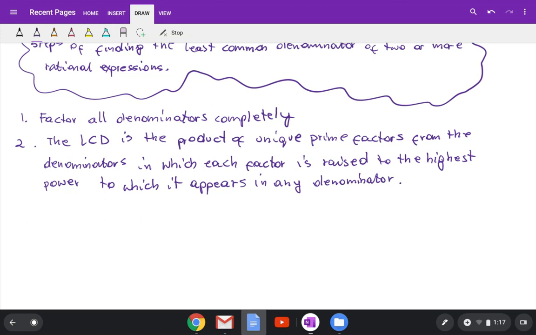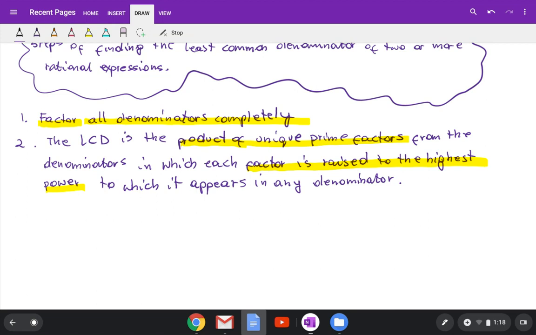Okay, a couple of things. Factor all denominators completely. Super important. That's the first one. The least common denominator is the product of unique prime factors. If the factors are repeating, which one are you going to select? You select the factor which is raised to the highest power, which means the highest exponent.